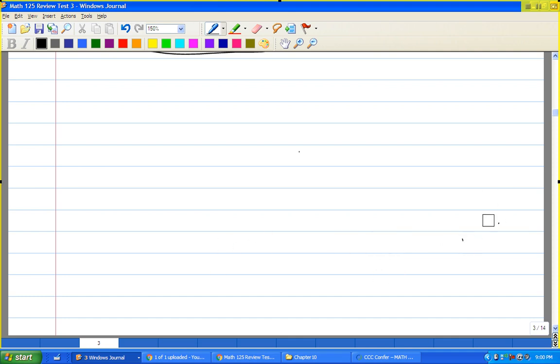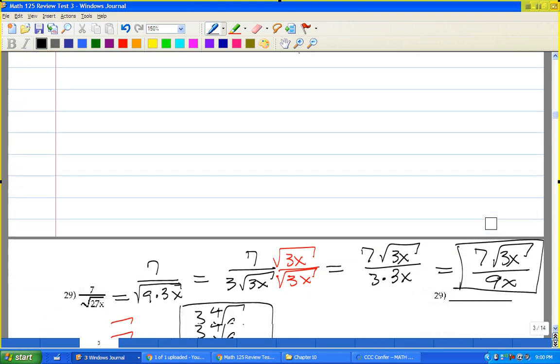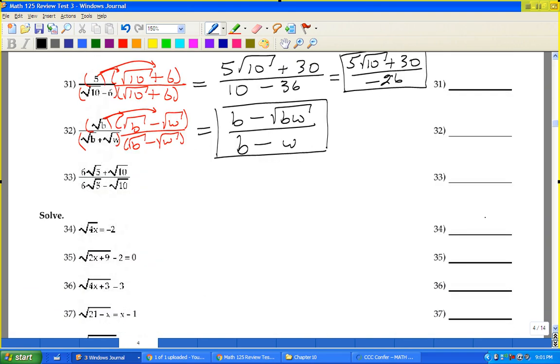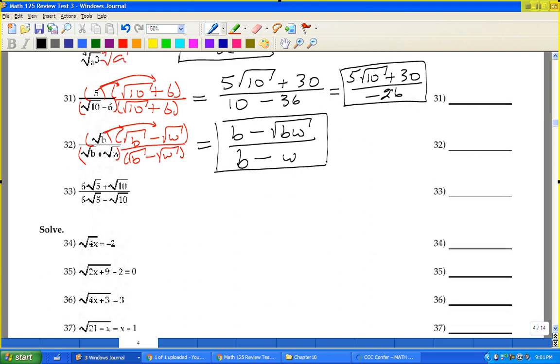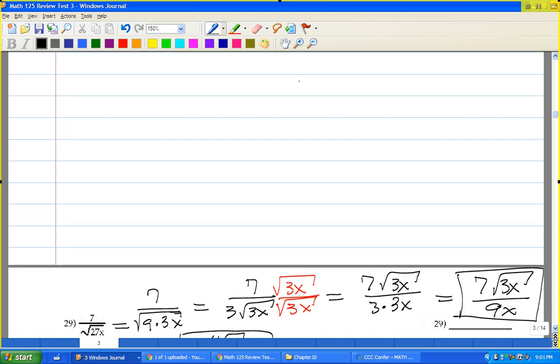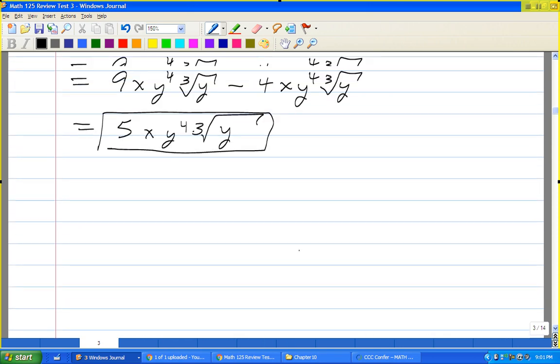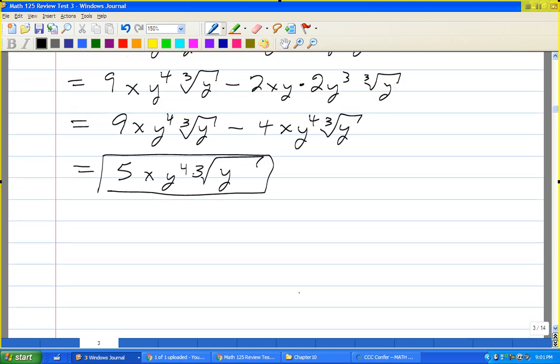Let me do problem number 33. I don't think I'm going to try to squeeze that, so let me do problem 33. Let me put it up here. I want to rationalize the denominator.